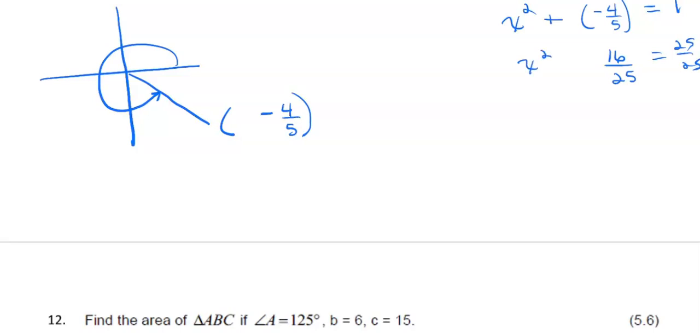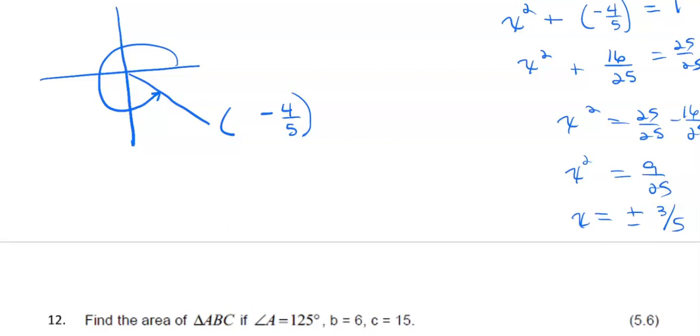Now I'm looking for x squared, so x squared has to equal 25/25 minus 16/25, which is 9/25. That means x can equal positive or negative 3/5. However, since your angle is in quadrant 4, the only x value I could get is positive 3/5 because x is positive in that quadrant.